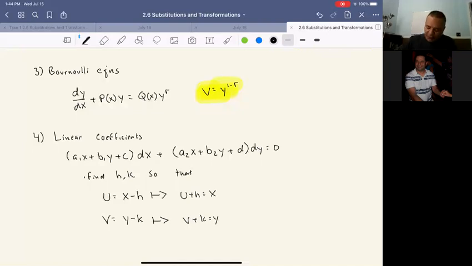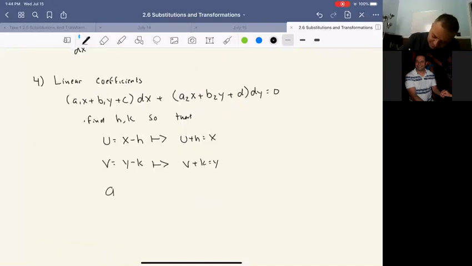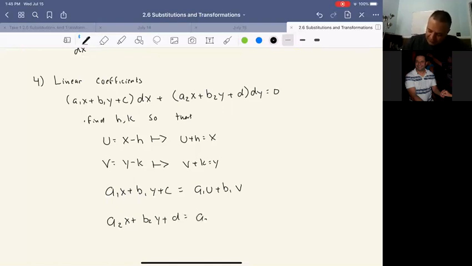And we want to find h and k so that a1x plus b1y plus c equals a1u plus b1v, and a2x plus b2y plus d should equal a2u plus b2v.